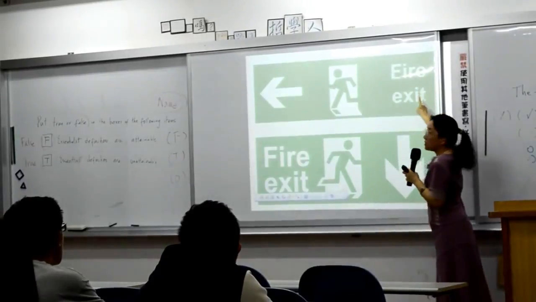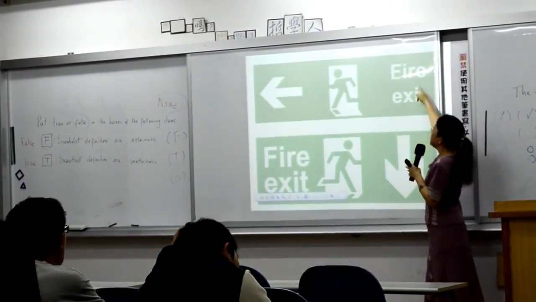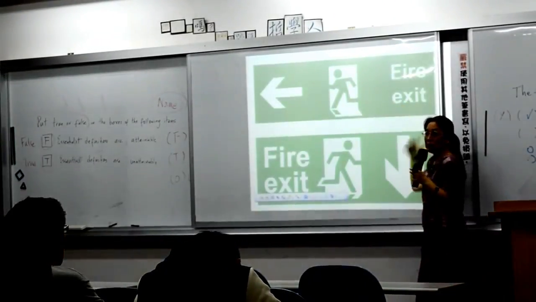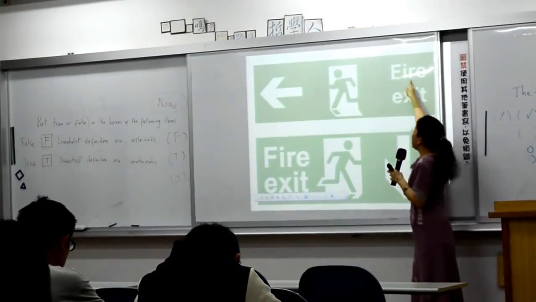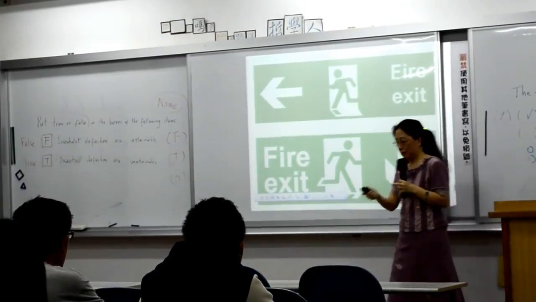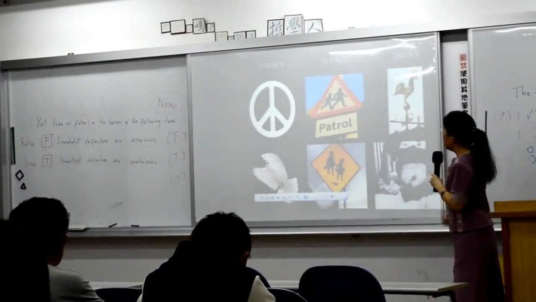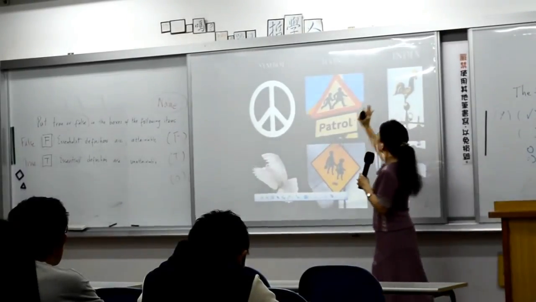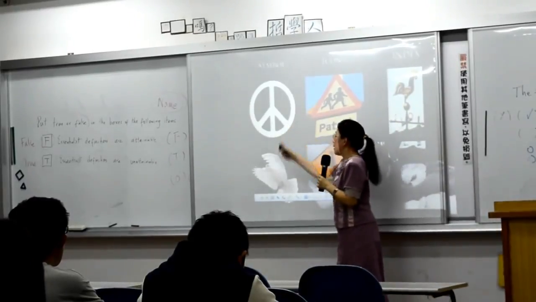And this is more symbolic, right? You could have used the Chinese character 火, and so forth, to symbolize this fire exit. So again, there are many different signs from iconic to indexical to symbolic.